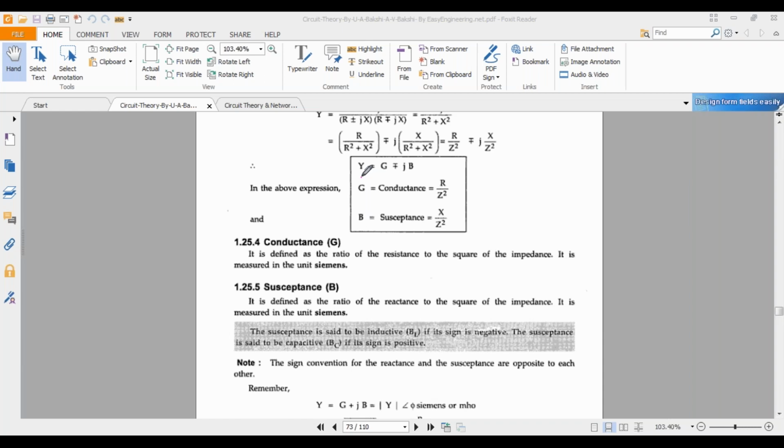Similarly, admittance is Y is equal to G plus or minus jB, where G is the conductance, 1 by R, and susceptance is 1 by X. The reciprocal of reactance is called susceptance, and the reciprocal of resistance is called conductance.